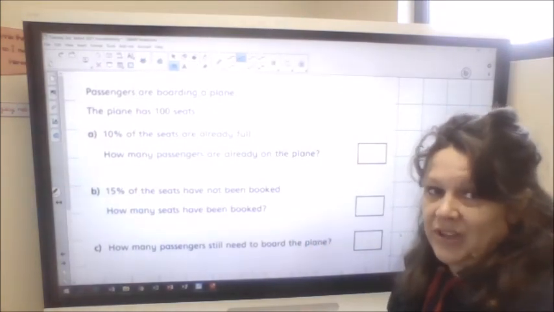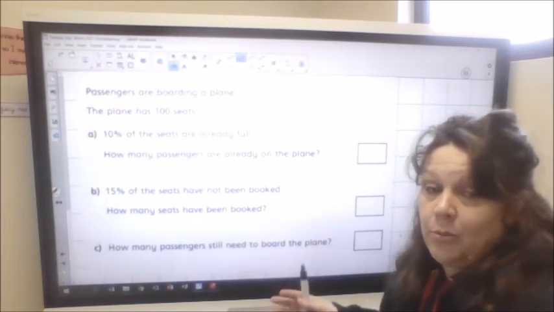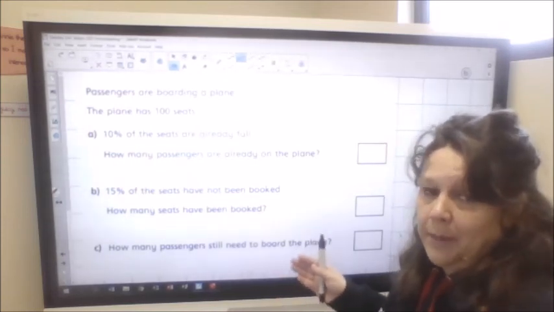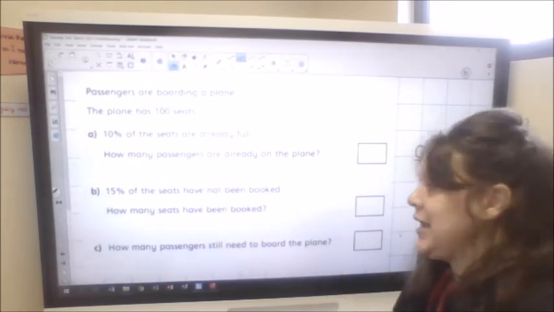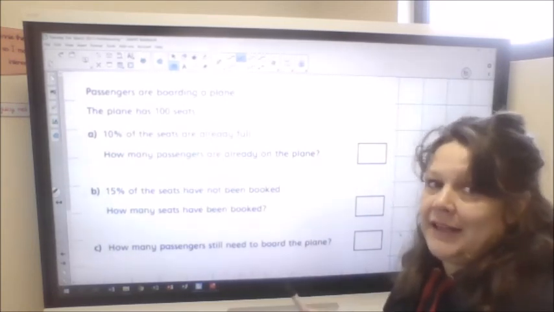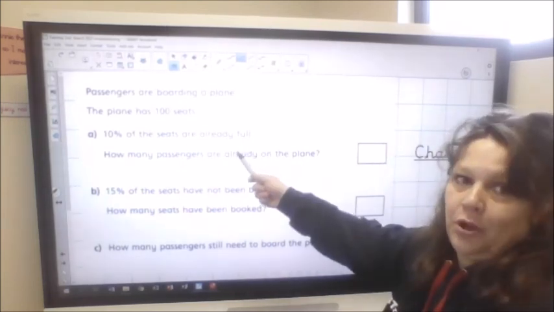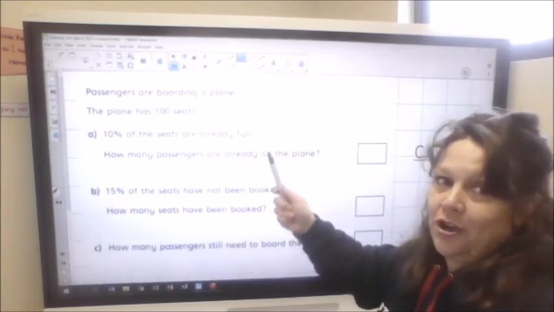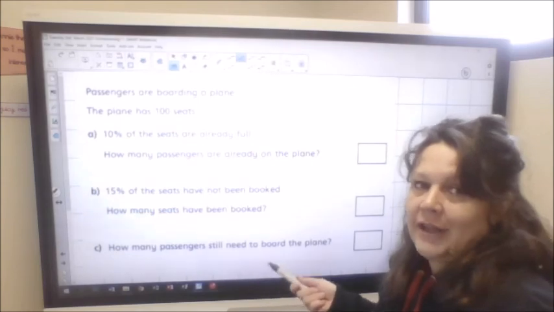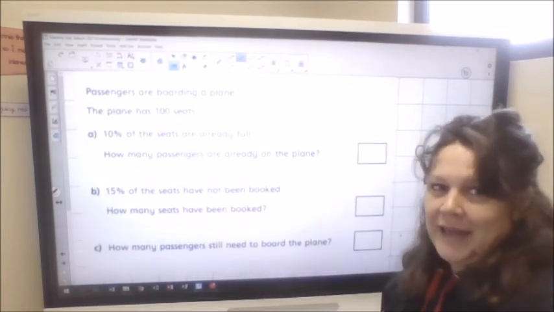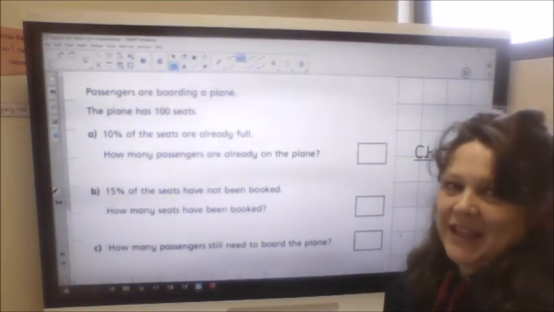If 15% aren't, how many people does that equate to? So how many seats will be full on that plane? So now you know how many seats will be full. You know how many people have already got on. How many then are left to get on? All right. Little bit of thinking.